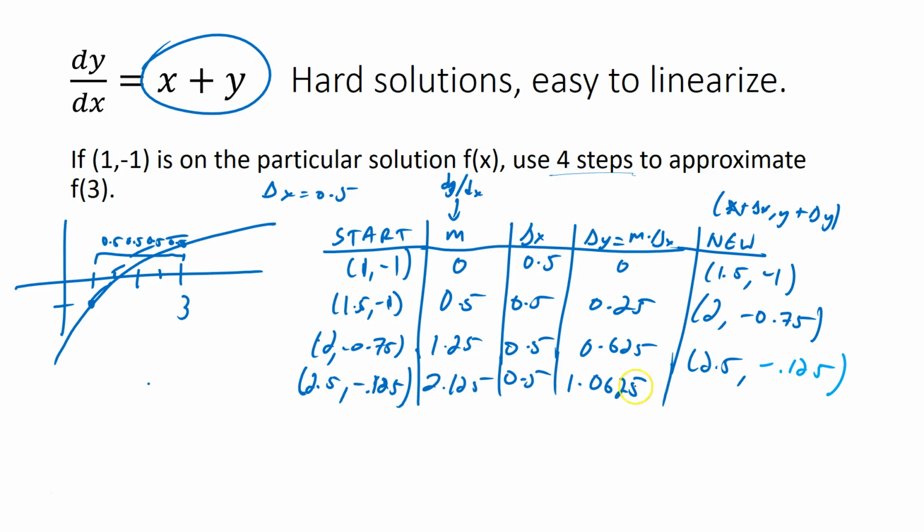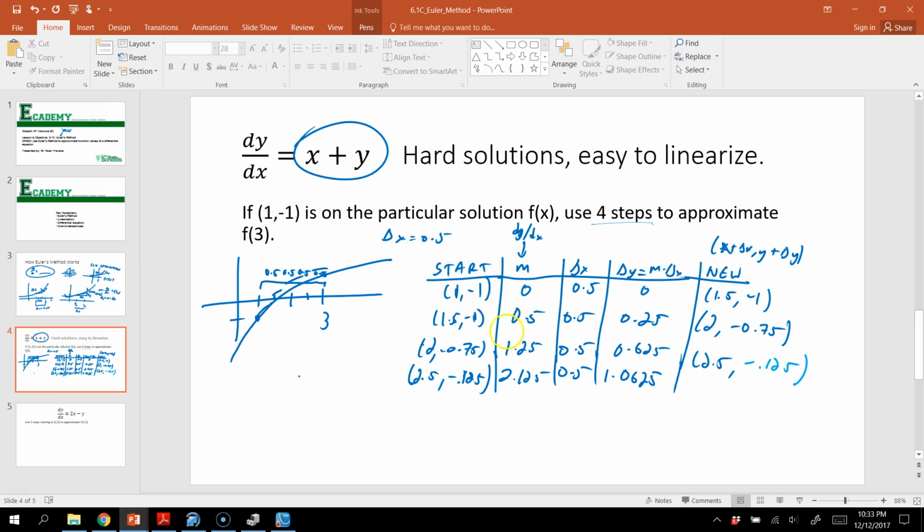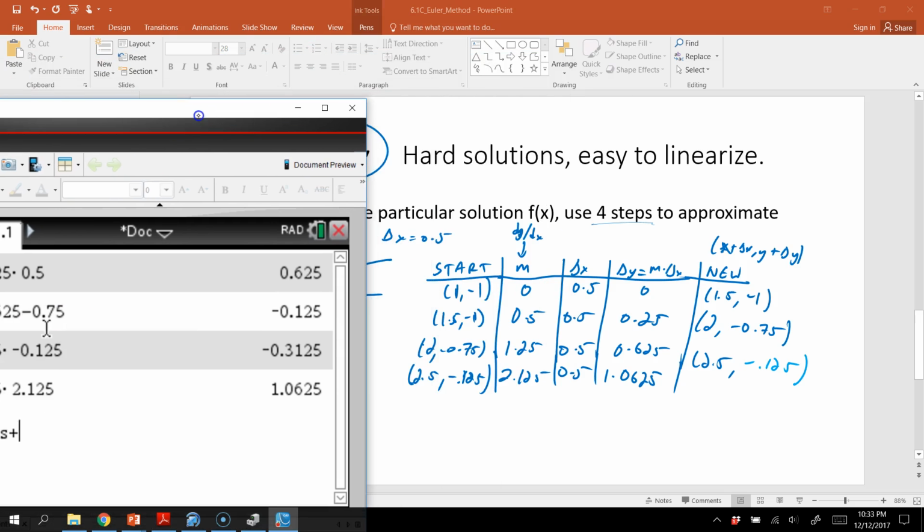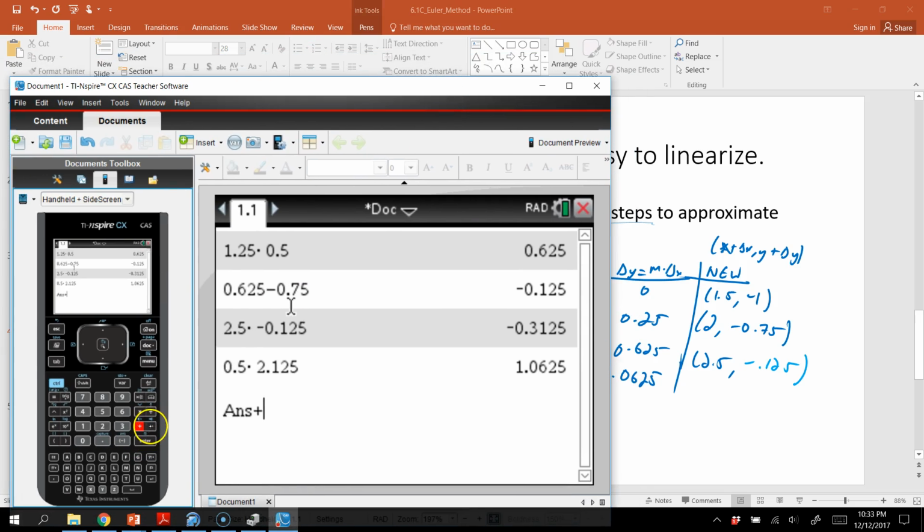So if you add 1/8, and I think that's like a 16th. So we do 1.0625. We're going to add to that negative 0.125. Gives us 0.9375.